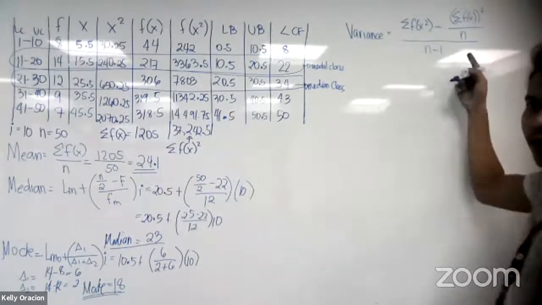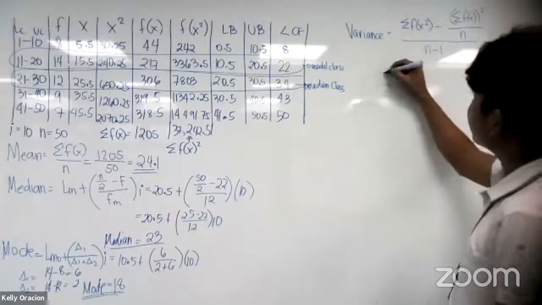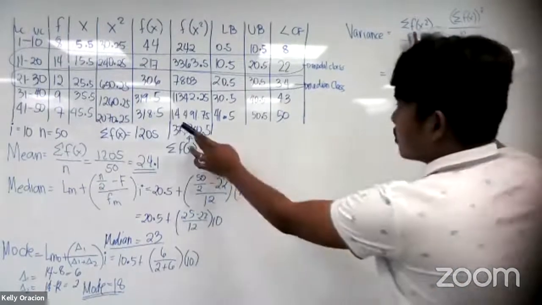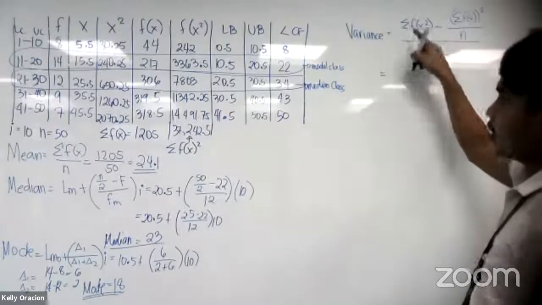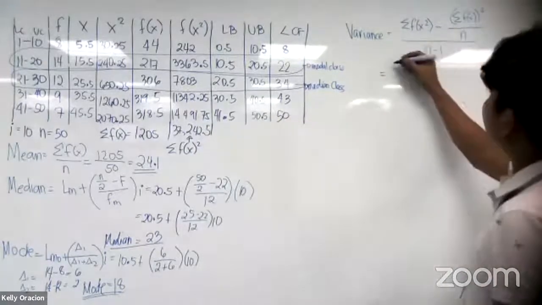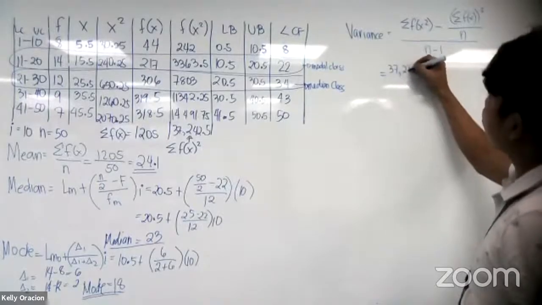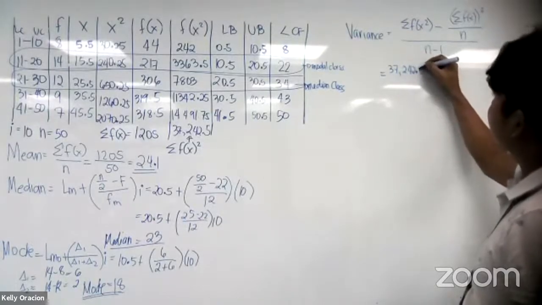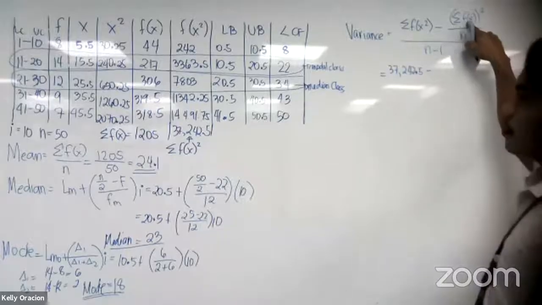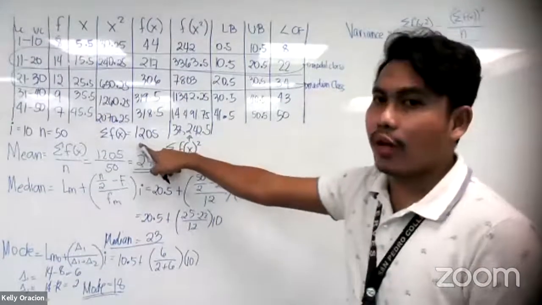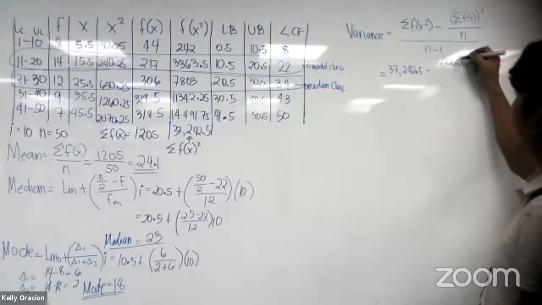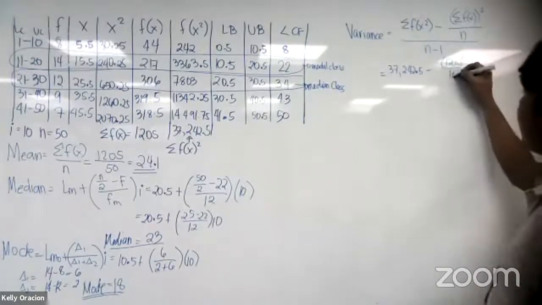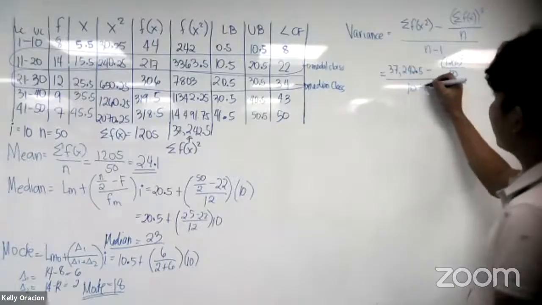This is the formula of variance. To substitute, we have the value of summation of fx squared, ito yung value niya, 37,242.5. Then the value of summation of fx, 1,205 squared over n.